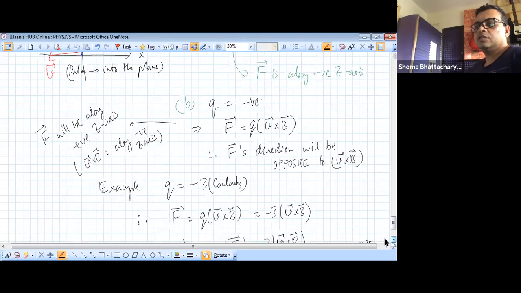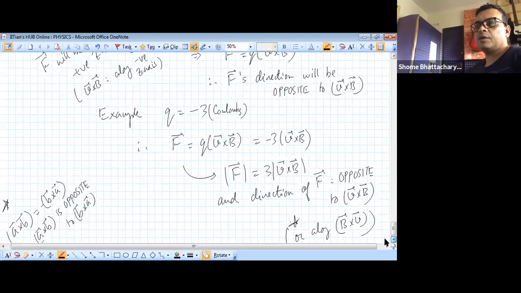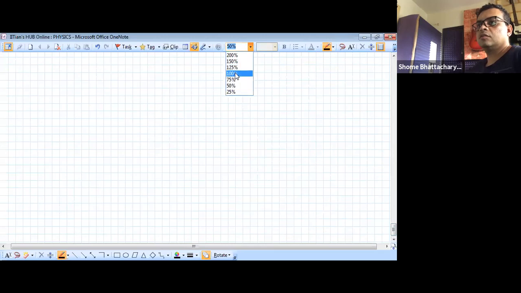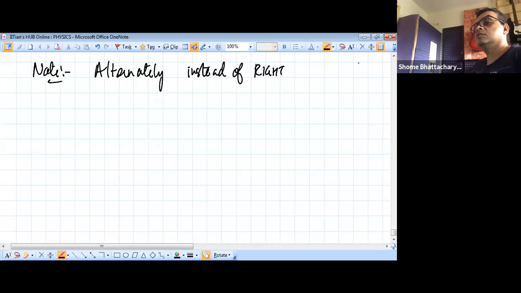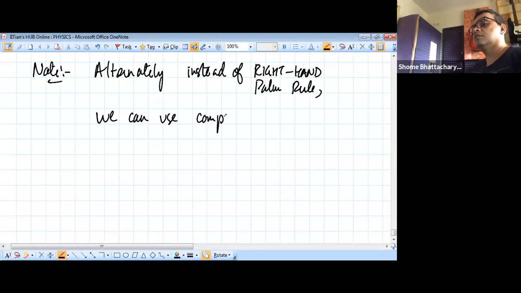One more thing I can do here is, instead of this right hand palm rule, we can also use component algebra.